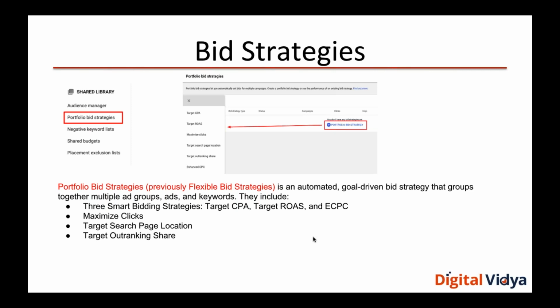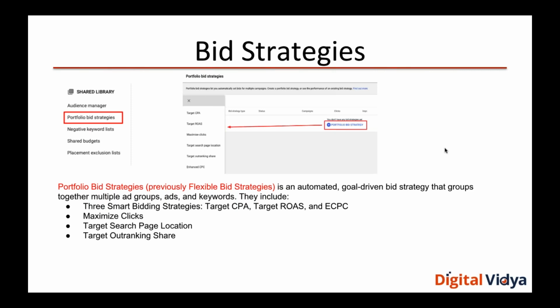That is the target I have set for my cost per acquisition. Anybody has any doubt on this? What is target CPA? Now, my focus here is purely on getting a conversion at a particular amount.